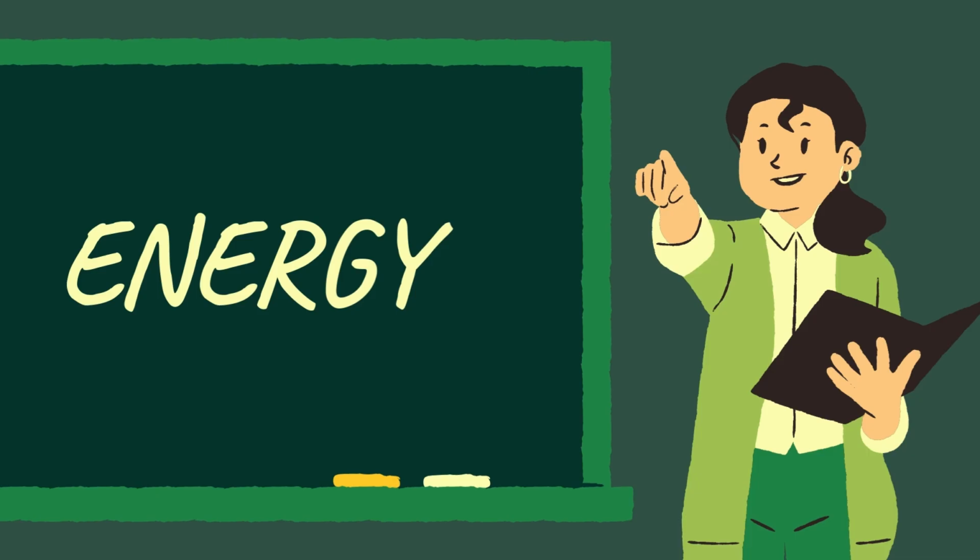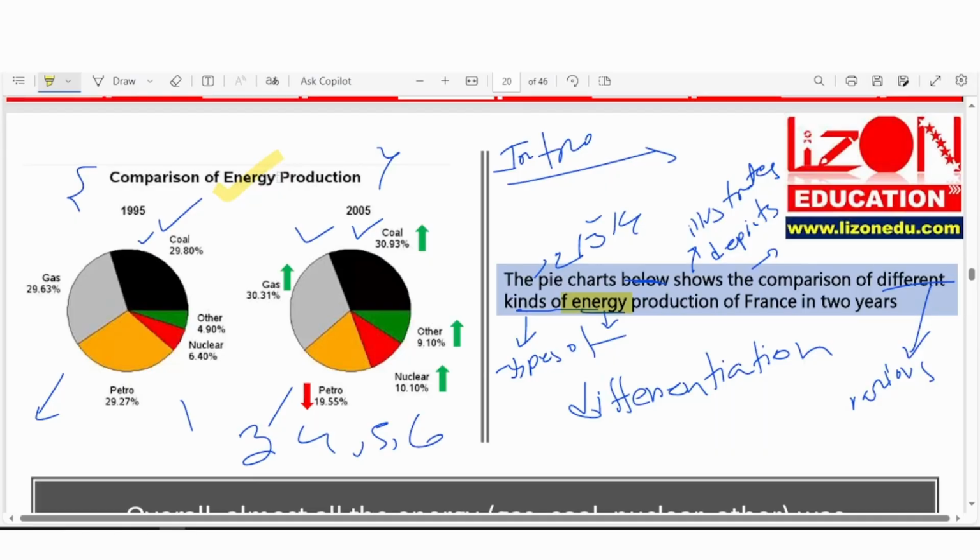Don't try to use a synonym for this specific word. Whenever you do the writing task 1, you will get the main word for any question, and don't try to change that. I don't recommend that, because if you don't change it in the exact way, can you really get the exact synonym of energy? Not really, right? So don't try to change that word.